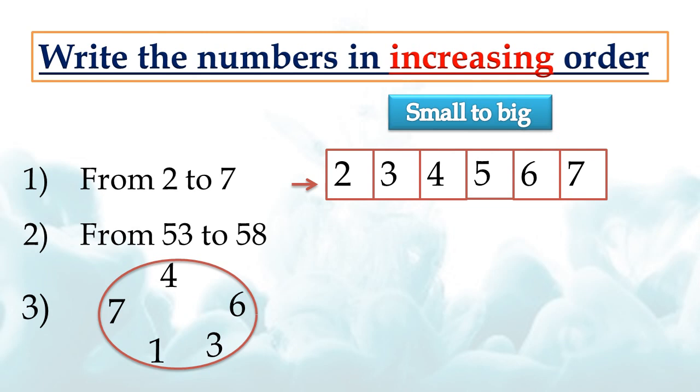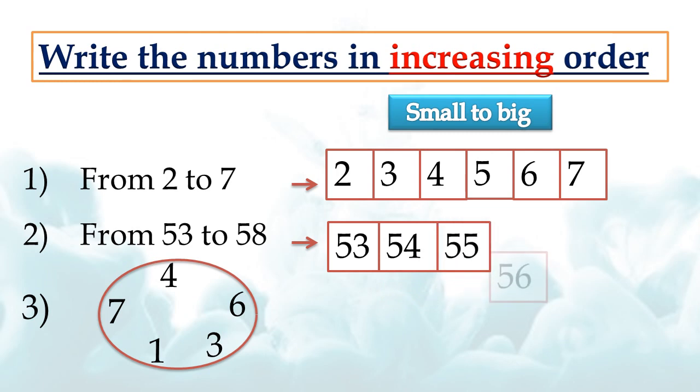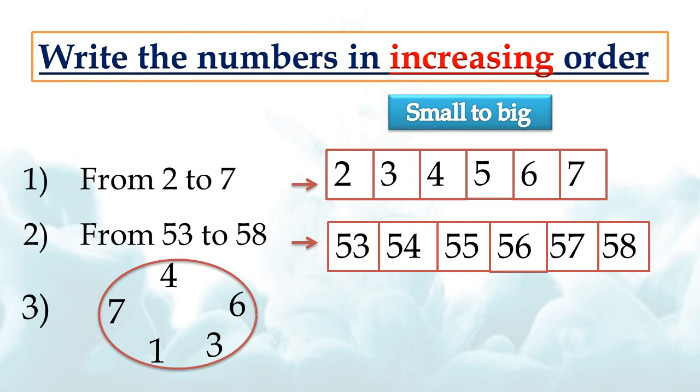Next question is, we want to arrange numbers from 53 to 58. Okay, we want to write these numbers in increasing order. First we want to write number 53, then 54, 55, 56, 57 and 58.